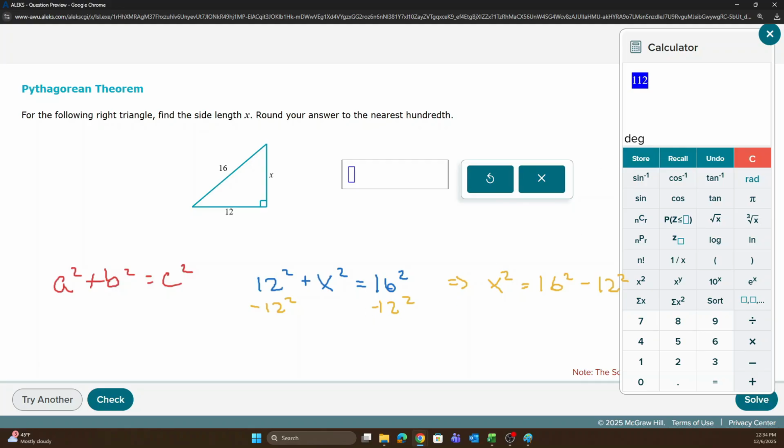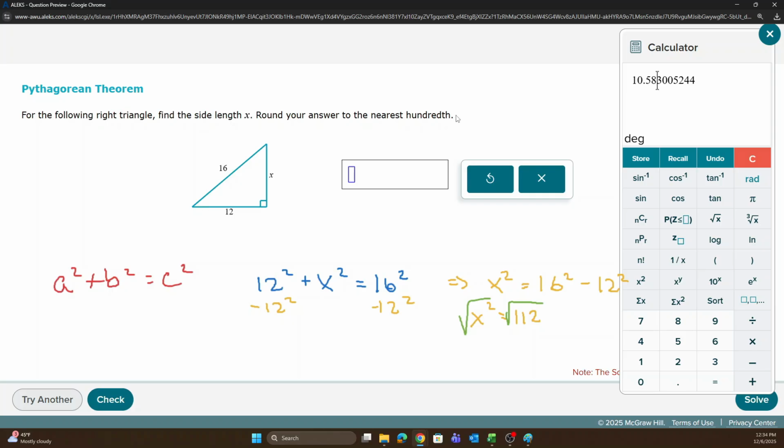So we have x squared equals 112. When we square root both sides, because you need to square root both sides, we're going to put into our calculator the square root of 112, and it gives us 10.583.